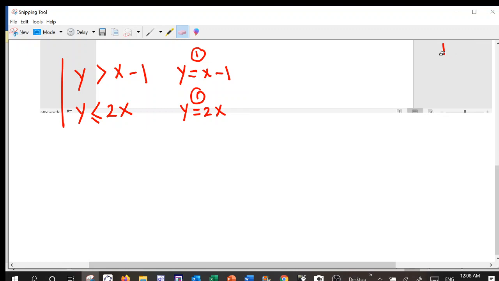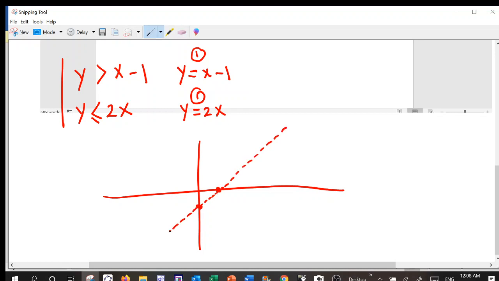So let's graph them over here. So y equals x minus 1, we already know is here. We go up and right 1 here. And since equality is not included, I have to graph a dotted line.